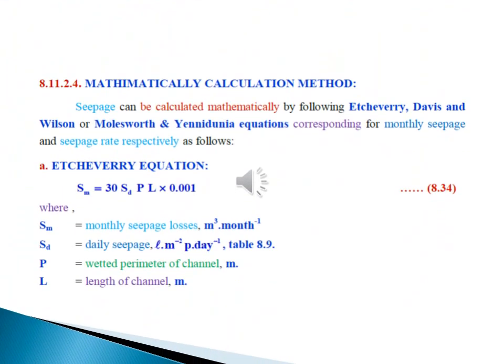Mathematical calculations method. Seepage can be calculated mathematically by following either the Etcheverry, Etcheverry and Watson, or Molesworth and Yennidunia equation, corresponding to monthly seepage and seepage rate respectively, as follows. Etcheverry equation: follow it, my dear, by yourself, as shown in the cross equation.